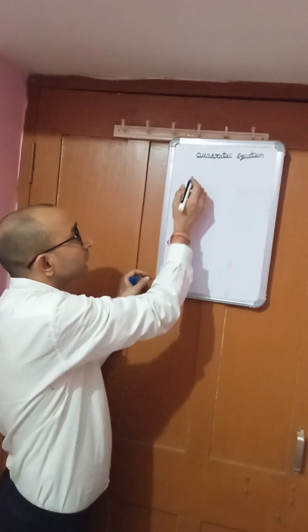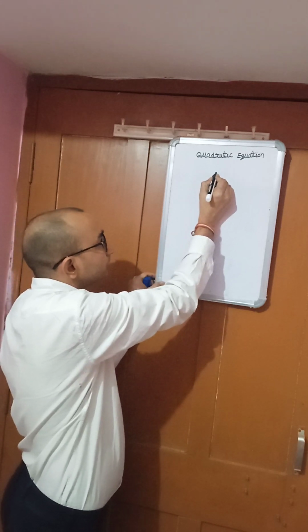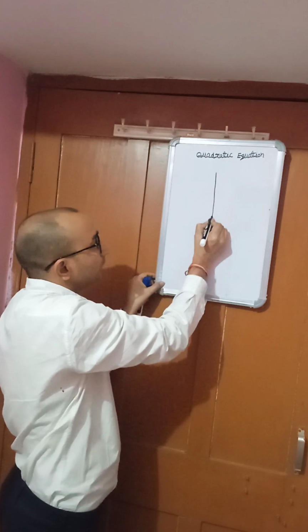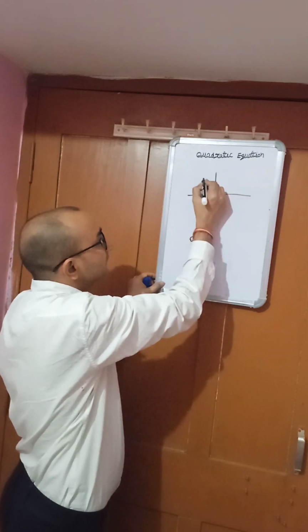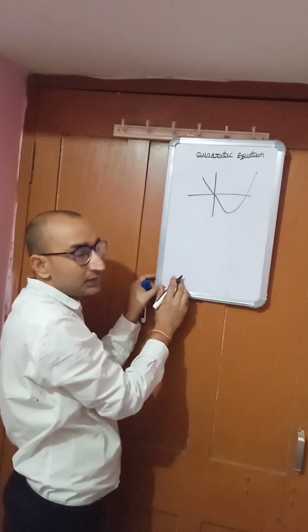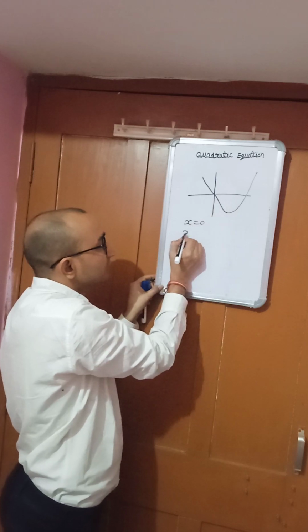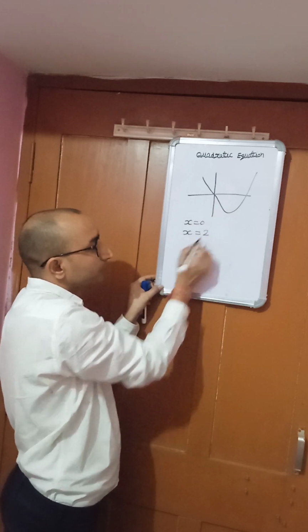Okay, so if the parabola passes in this way, see here, this means here x equals to 0, and suppose here x equals to 2.